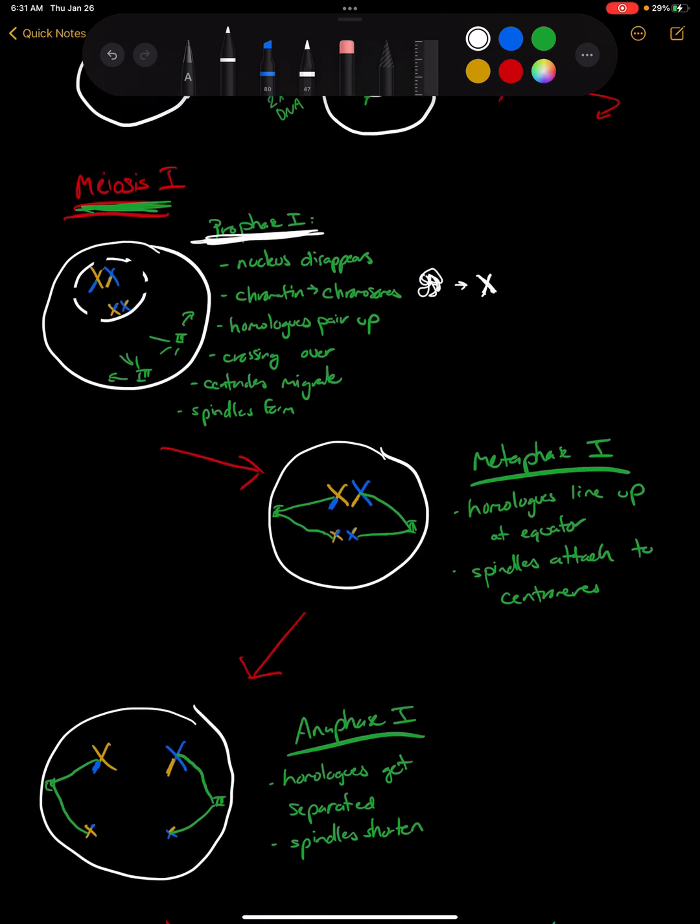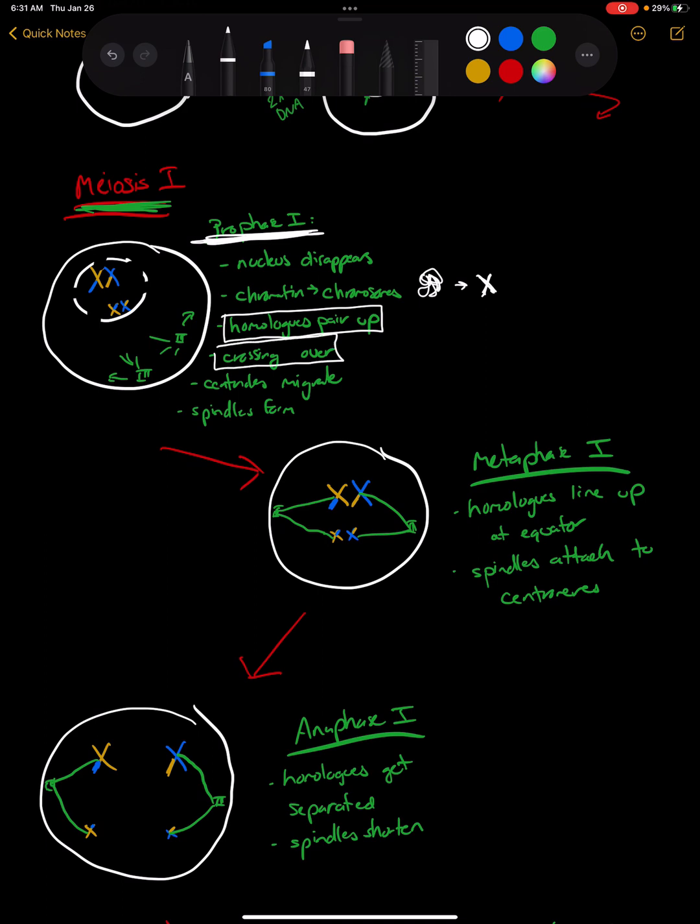Now, one thing that's super special about prophase 1 is that my homologs pair up. Look right here: my big yellow and my big blue X pair up, and my little yellow and my little blue X pair up. Those are homologs. Once they pair up, I can go through crossing over.